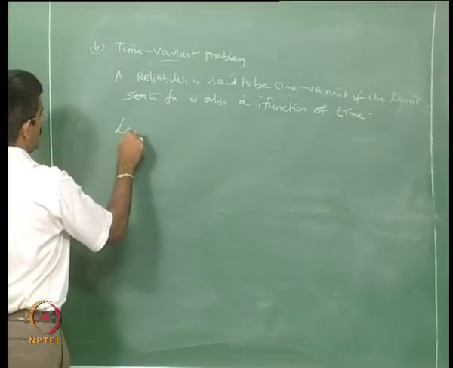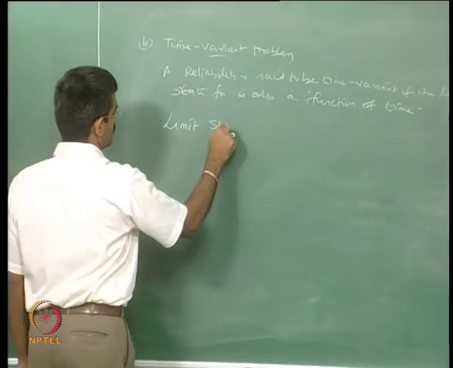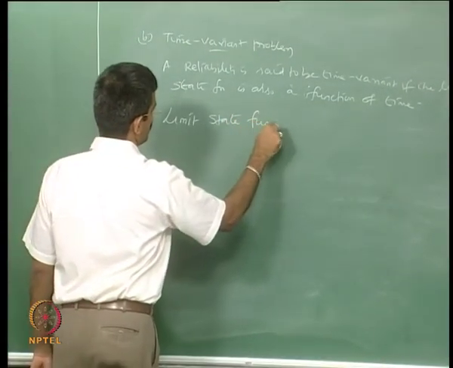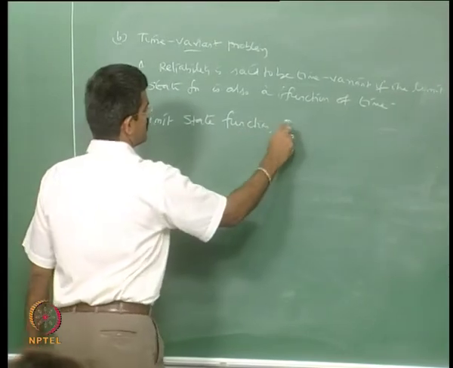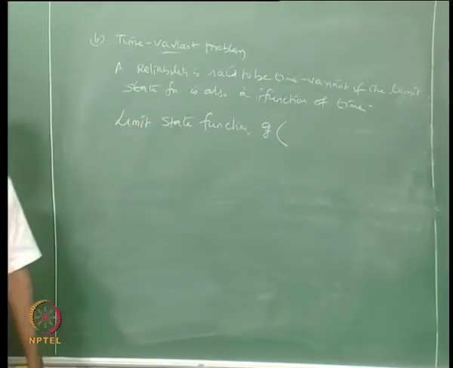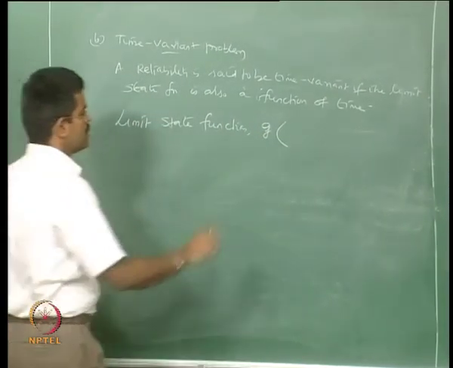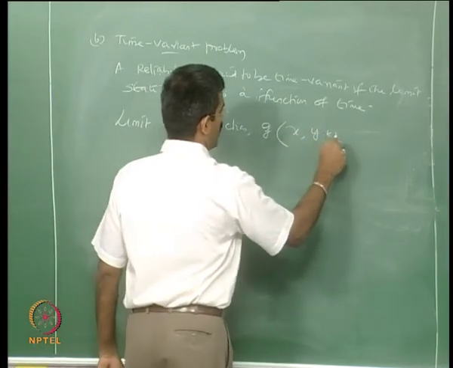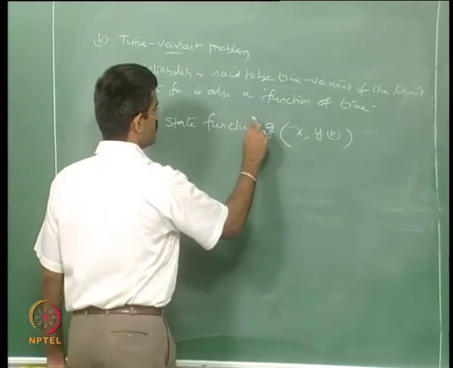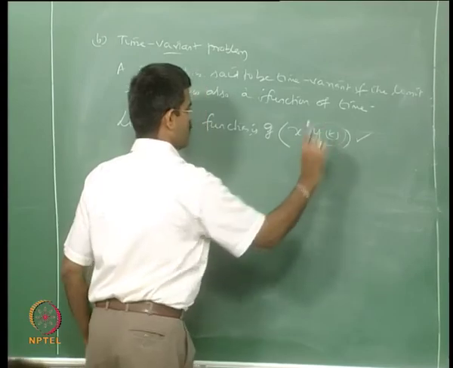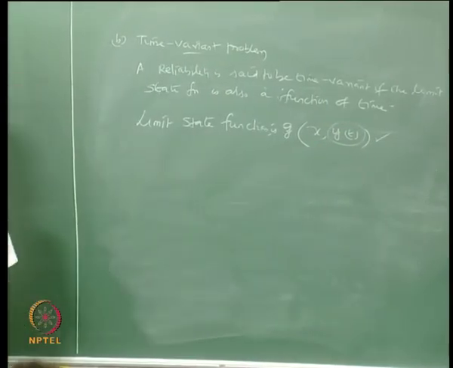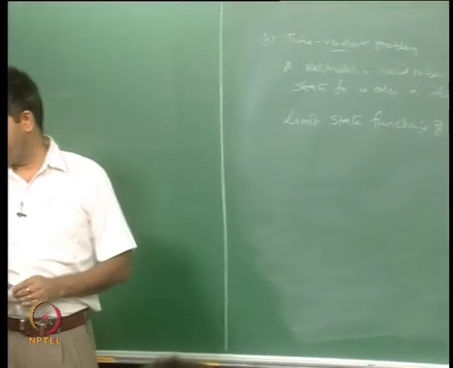So, now the limit state function is g of x and y of t also. Okay, there is a time variancy, time dependency is also there.